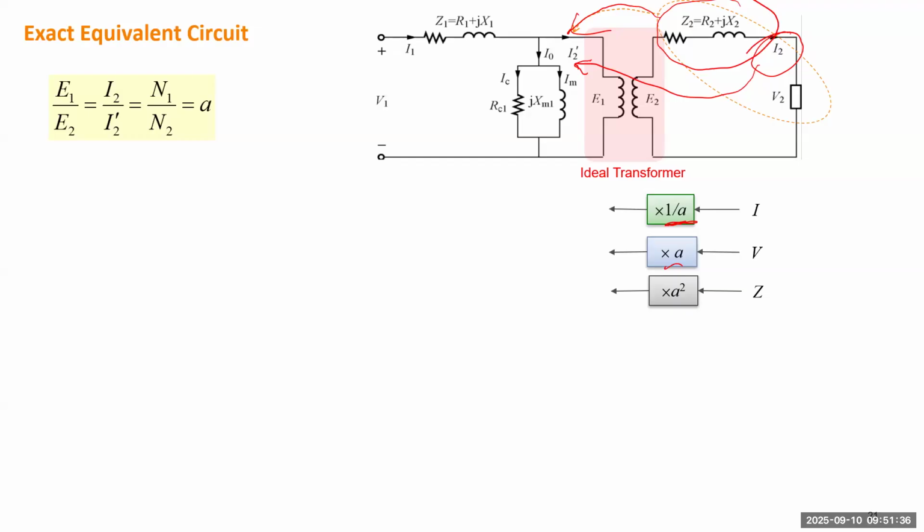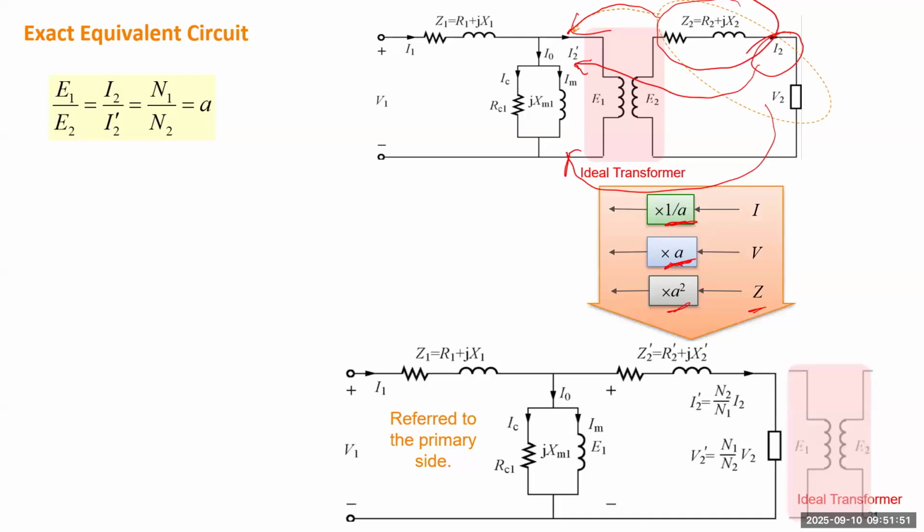For any voltage you want to move, if there's a V2, you want to move to the primary side, that voltage needs to be multiplied by the ratio, and the impedance needs to be multiplied by the ratio squared. So you can generate this circuit. You basically just move every component to keep the topology, the structure, and put them on the left-hand side of the ideal transformer.